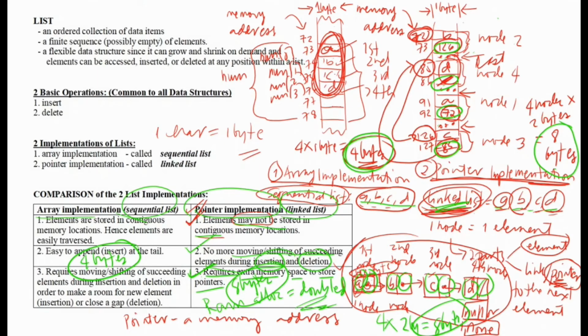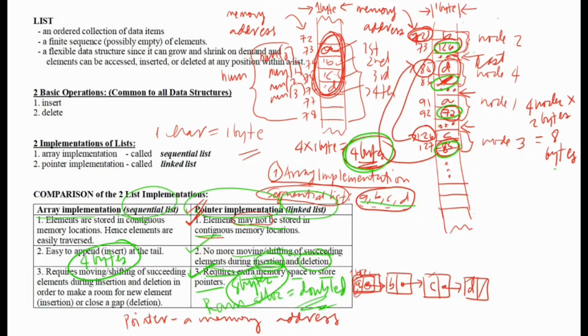When you perform insertion in a linked list, say this one here, this is our linked list for elements A, B, C, and D. If we're going to insert a new node containing element E, we want the linked list to become A, E, B, C, and D. We want to insert a new element E at the position of B.